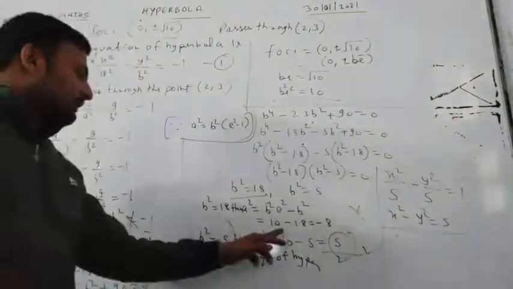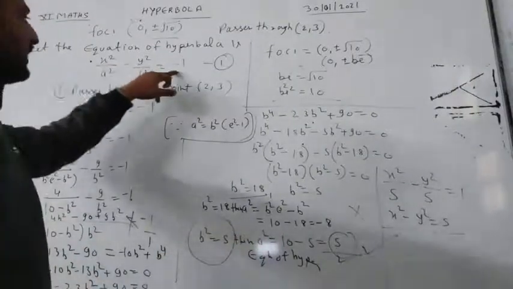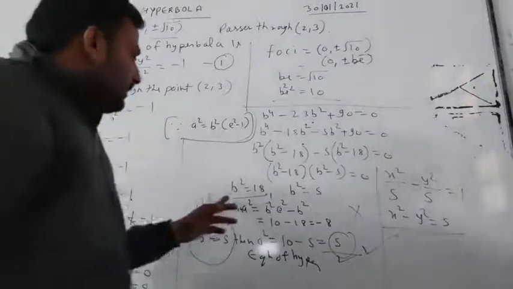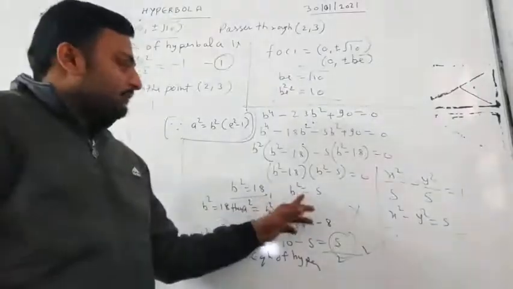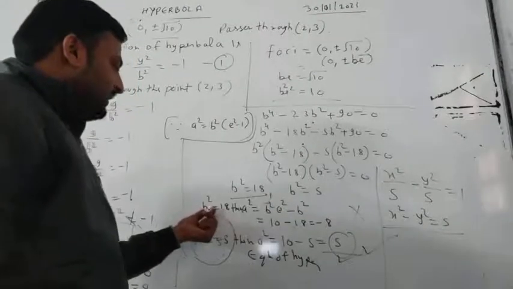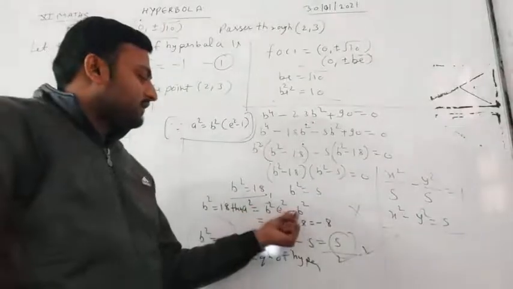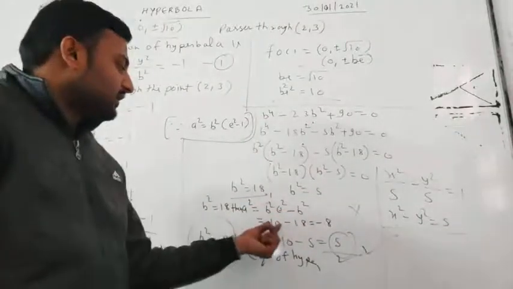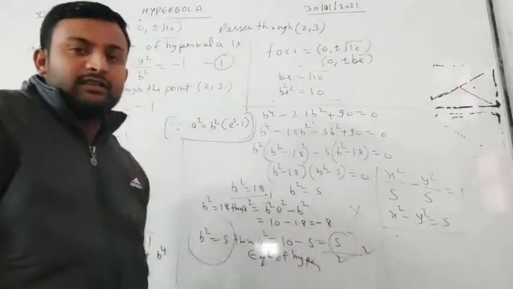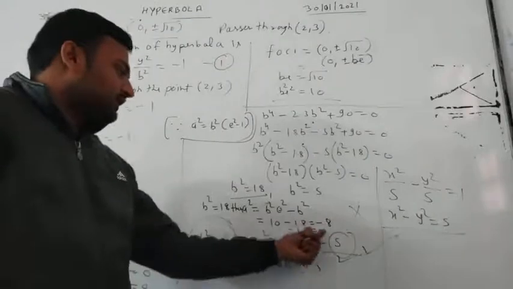So our b² is 18 and b² is 5, students. When we take b² as 18, then we get a² as b²e² − b², and our b²e² is 10 and b² is 18, and this is −8.